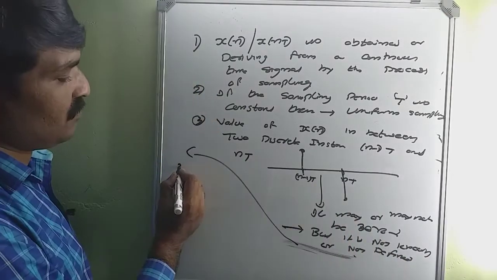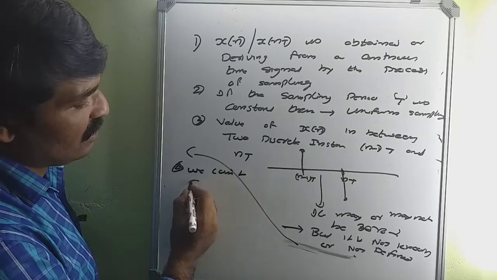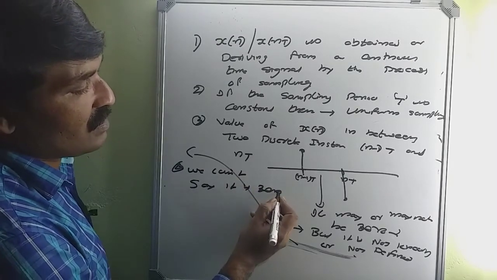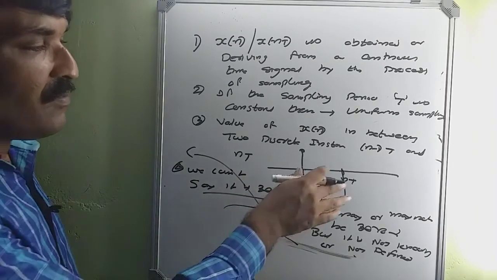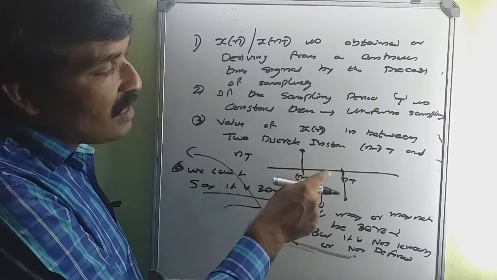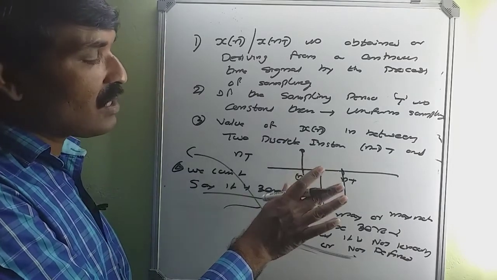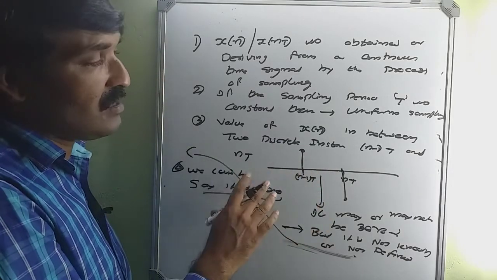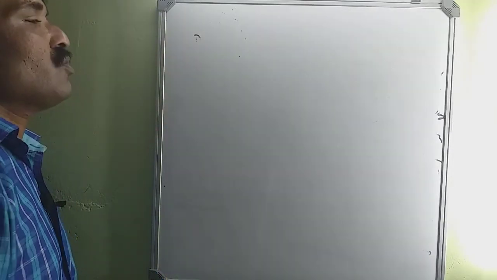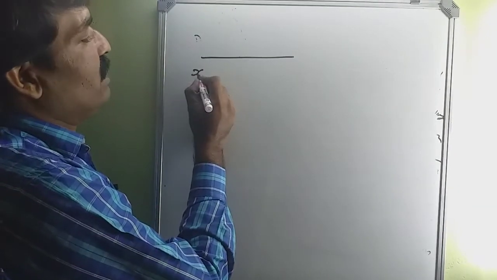So we can't say it is 0, since if the value of the original continuous time signal in between these instants is 0, then the value is 0. Otherwise we can't tell this is 0. That is not defined.